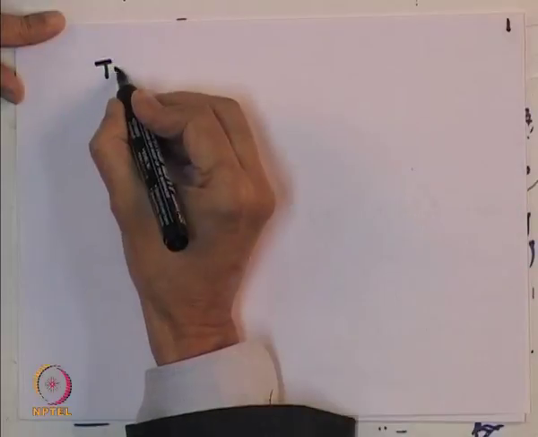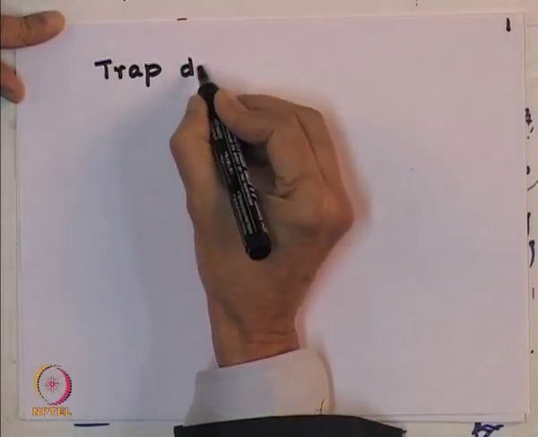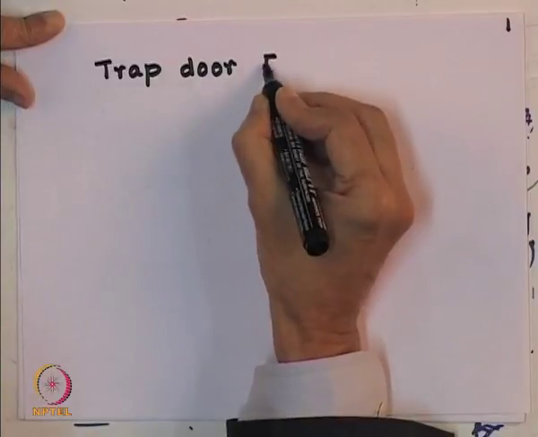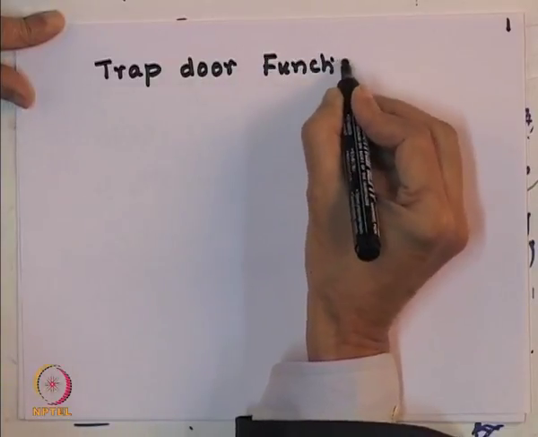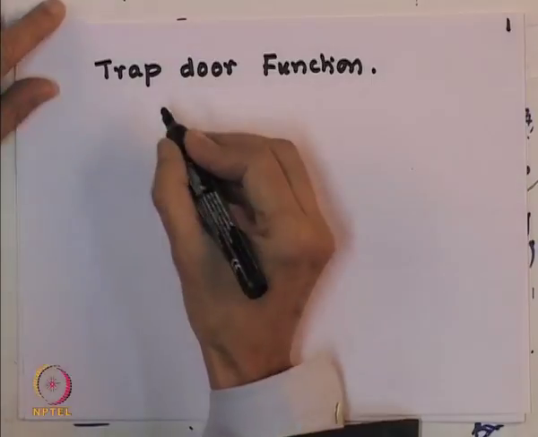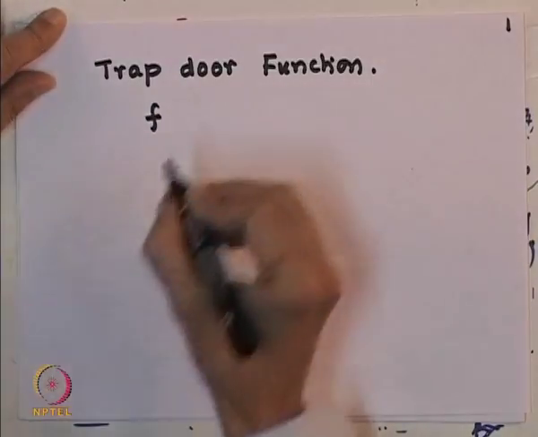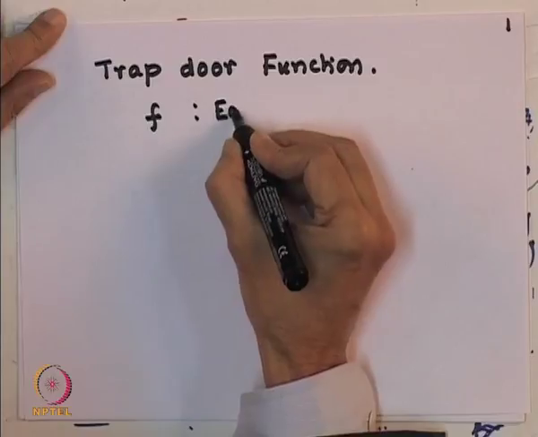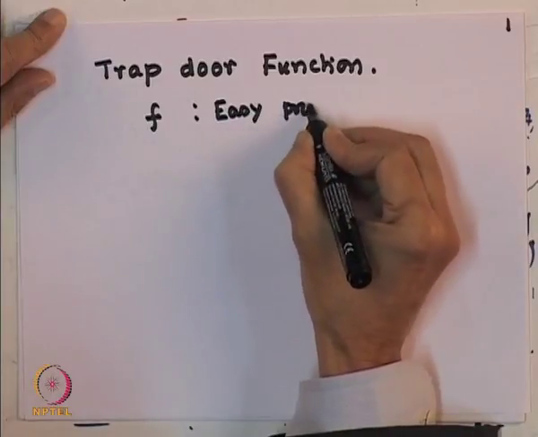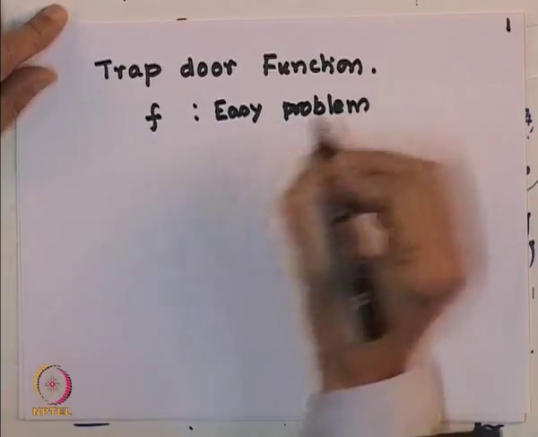So in mathematical language, I would call a function a trapdoor function where f is an easy problem. In the language of computer science, an easy problem is one which can be computed in polynomial time.